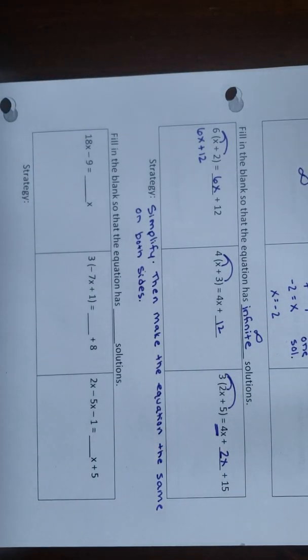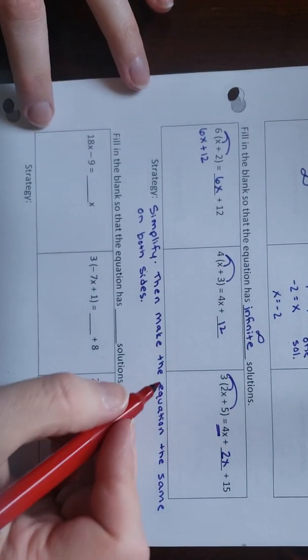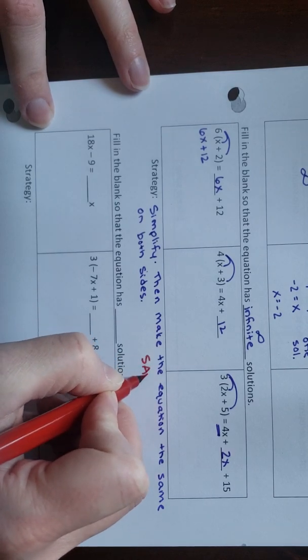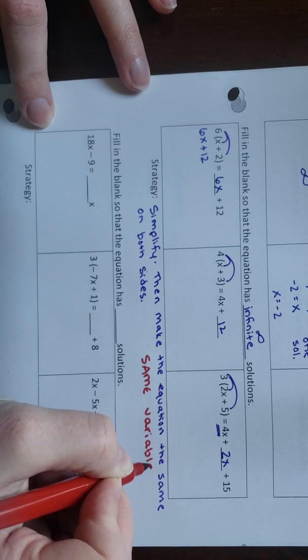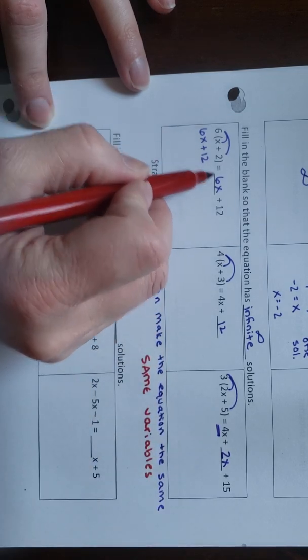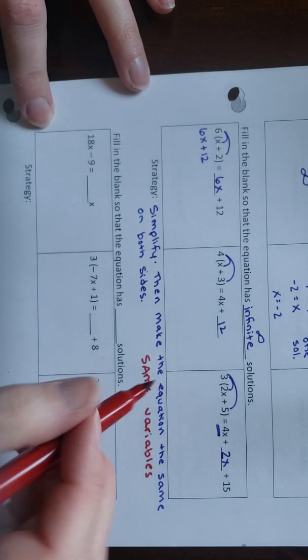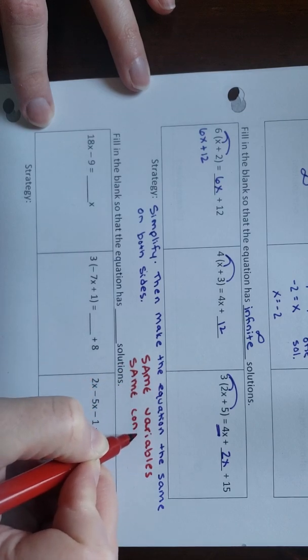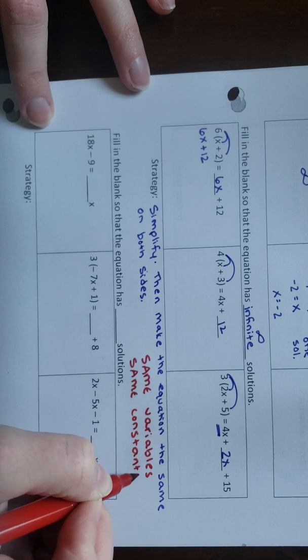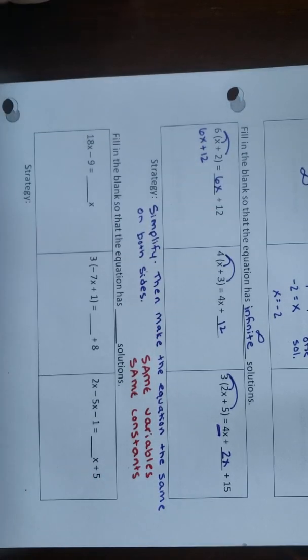So it's noteworthy here that this is the same number of variables, for example, 6x and 6x, and the same number of constants, like 12 and 12. Great.